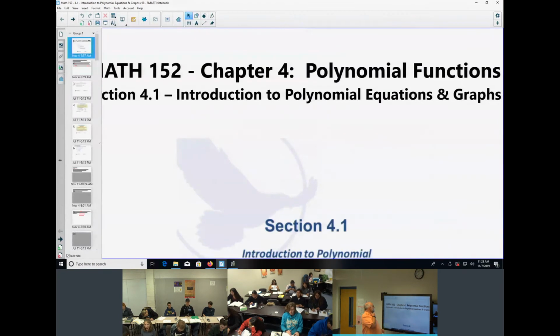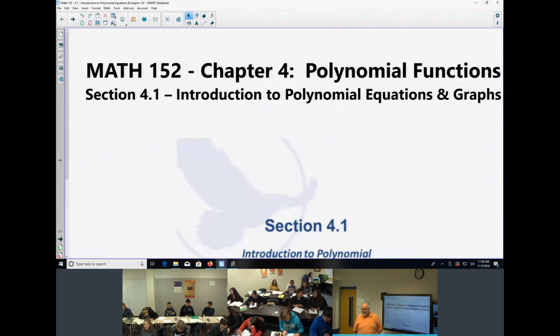Okay. So chapter 4 has a couple of large sections in it, but for the most part, there's only 5 sections. So it's not a real long chapter, but the focus is on polynomial functions. We're going to be talking about polynomial equations and graphs.